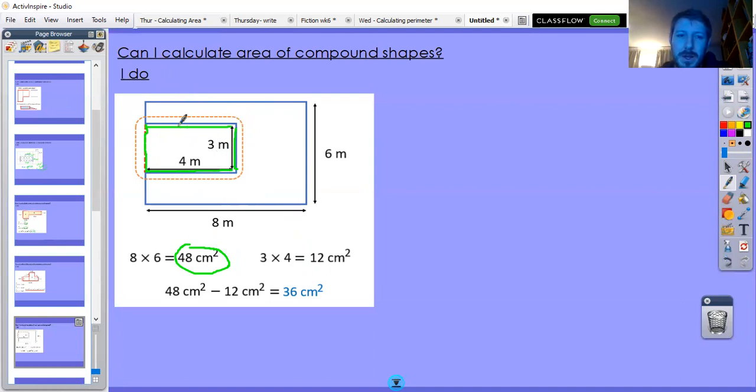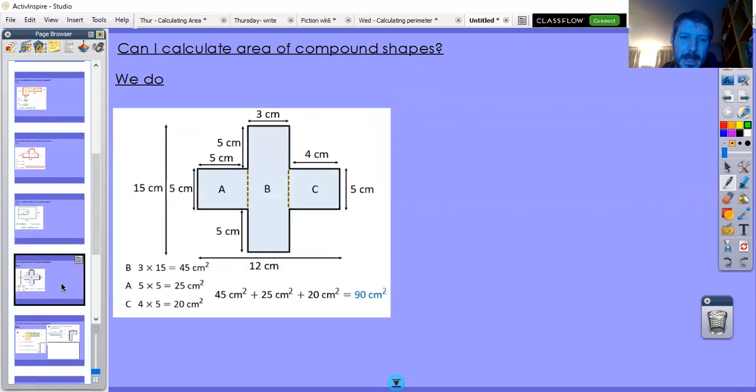It's been cut out. And we know its area because we know that it is 4 meters times 3 meters. So we know this area is 12. So if we take out that cutout area from the 48, we end up with 48 centimeters squared, take away 12 centimeters squared.